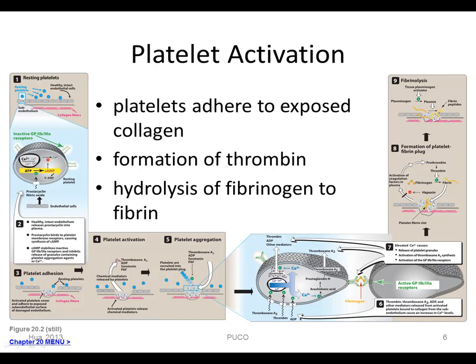In turn, thrombin, a serine protease, catalyzes the hydrolysis of fibrinogen to fibrin, which is incorporated into the plug. Subsequent cross-linking of the fibrin strands stabilizes the clot and forms a hemostatic platelet fibrin plug.